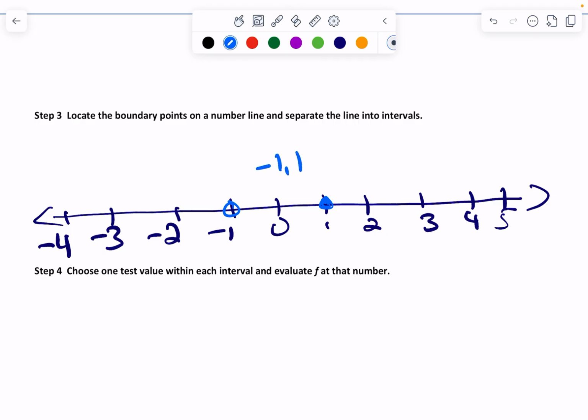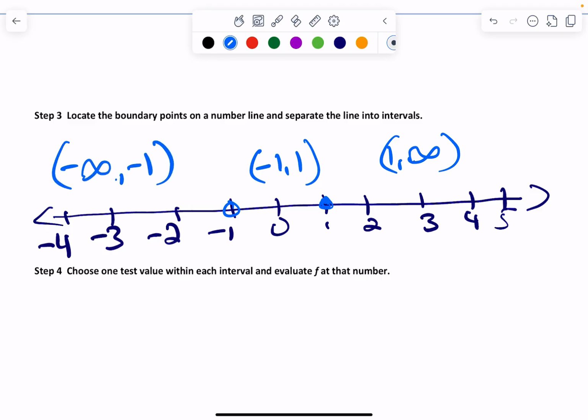Negative 1 is not included. Actually, when we're writing the intervals, it's going to not be included because it's basically included in both of them. We're going to write it with parentheses. So we've got negative infinity to negative 1, then negative 1 to 1, and then 1 to infinity. We can't include it in both right now because it's a boundary point.